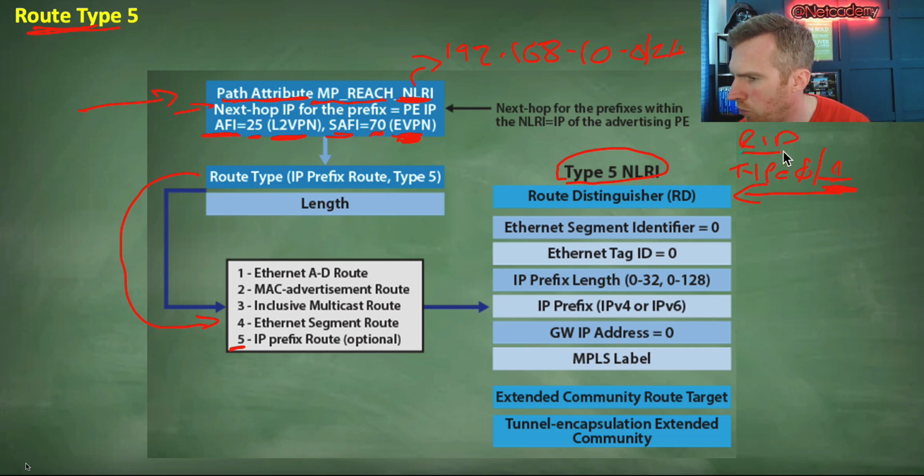It's recommended to use the router ID rather than an IP address. An IP address can change. Obviously, a router ID can too, but you don't want to tie an interface IP address to be part of this route distinguisher. And then you're just going to have some kind of arbitrary number here, whatever that may be. So that could be the autonomous system number, whatever. But you're going to have a route distinguisher which identifies where this update has actually come from.